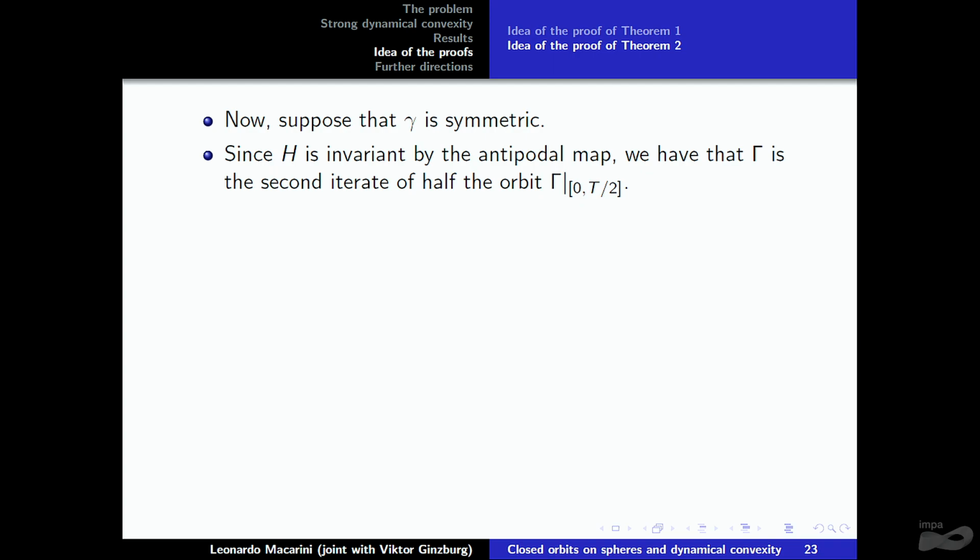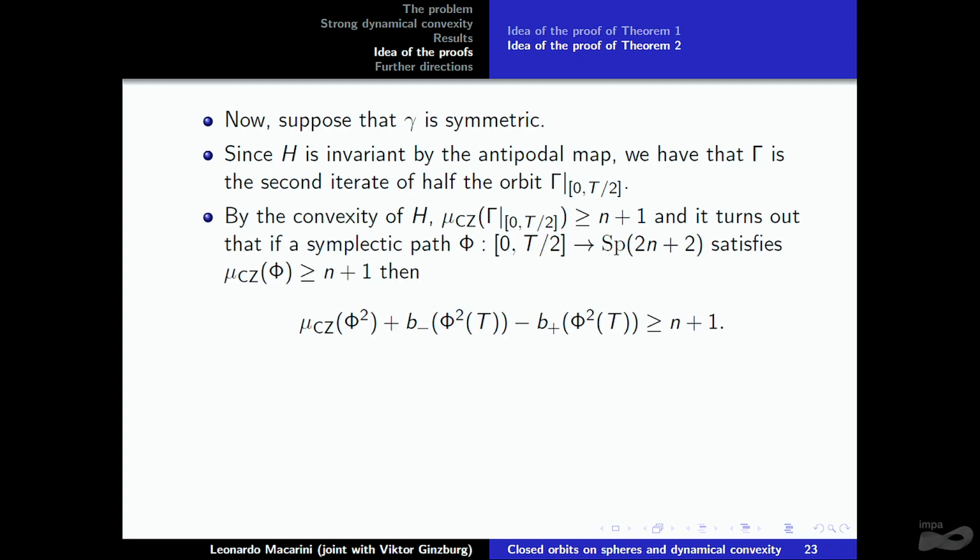Then, as I said before, since H is convex, the index of half the orbit is at least n plus 1, because it's a positive path. And it turns out that whenever we have a symplectic path such that the index is at least n plus 1, then the second iterate of this path satisfies this relation.